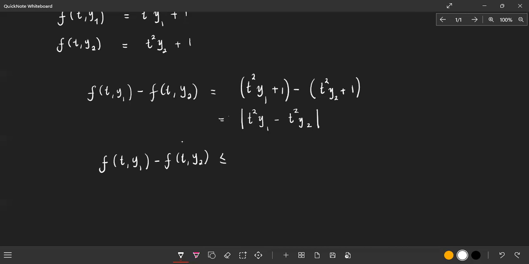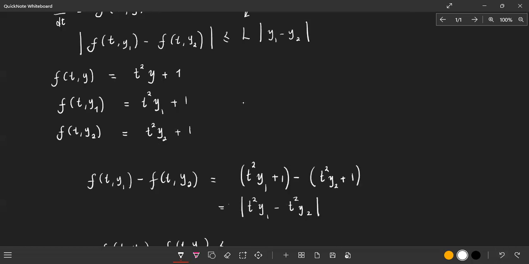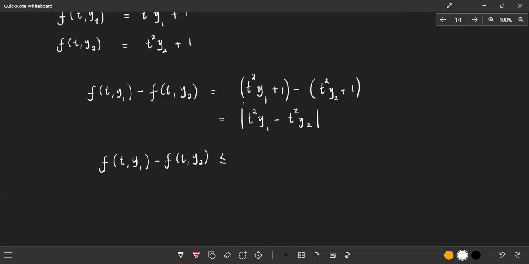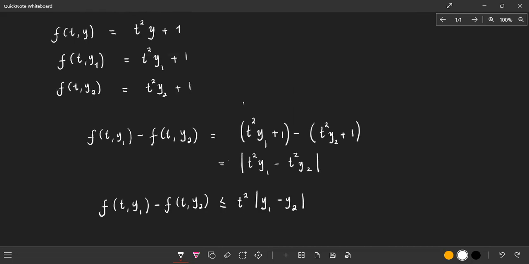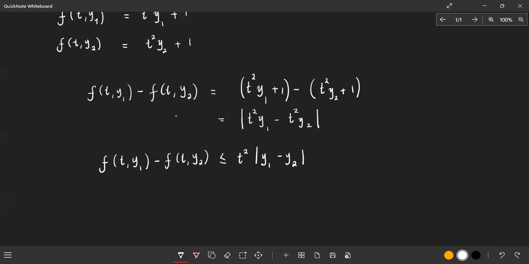We need to have y1 minus y2 in the given modulus there. So we can factor out t squared. So t squared can be factored out, y1 minus y2. Now remember that according to the given values, t values range from 0 to 1.